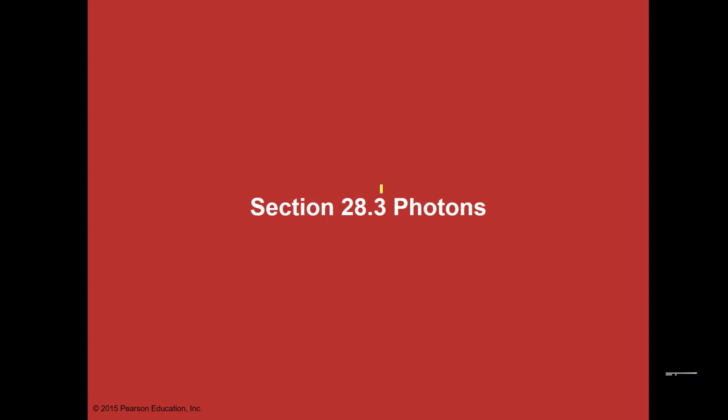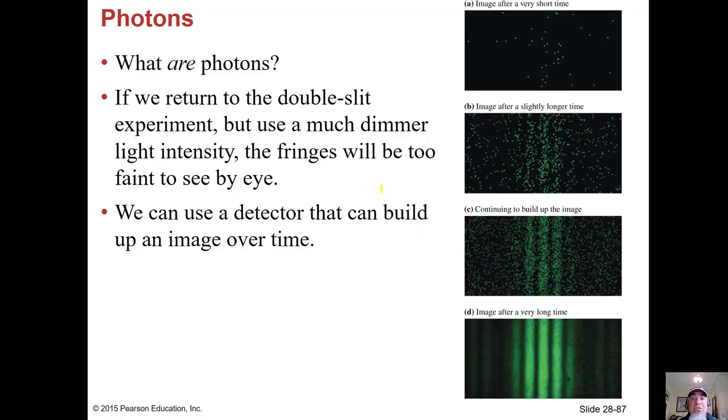Okay, good. So photons, we've talked about photons, started talking about it at the end of chapter 25. What are they? Depending on what we're interacting with, you can think of light as being little massless particles that are moving. So if you go back to the double slit experiment, but use a much dimmer light intensity, the fringes will become too faint to see.